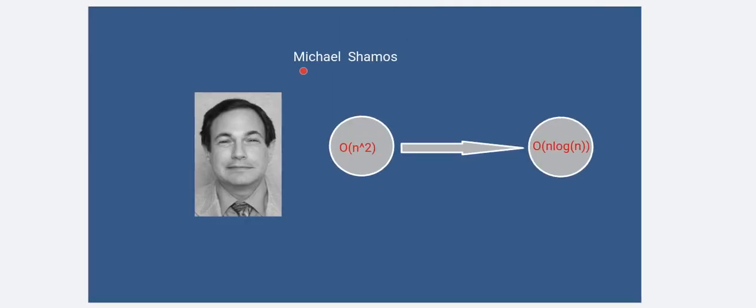Then there was a guy, Michael Shamos, who got to know about this problem and further reduced the time complexity from O of n square to n log n. In Wikipedia it's given that he took a day to do it.